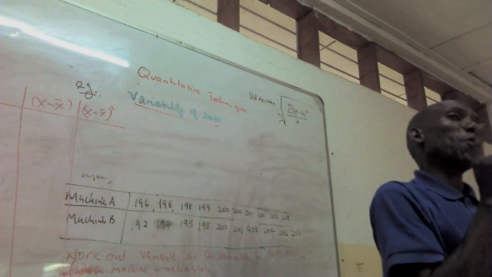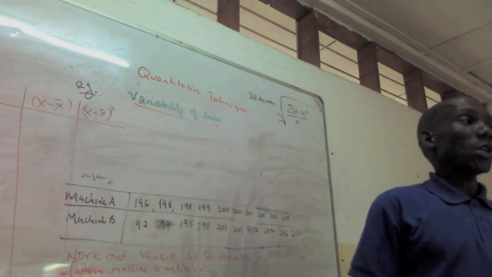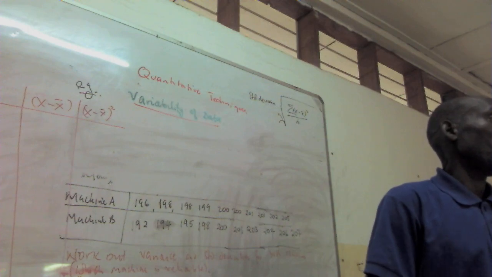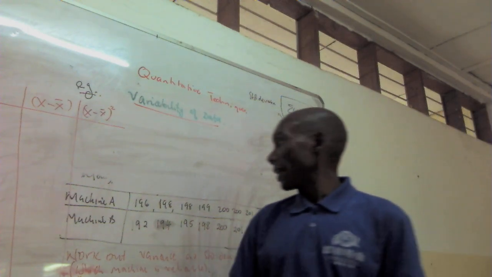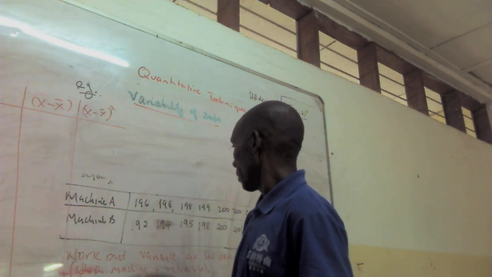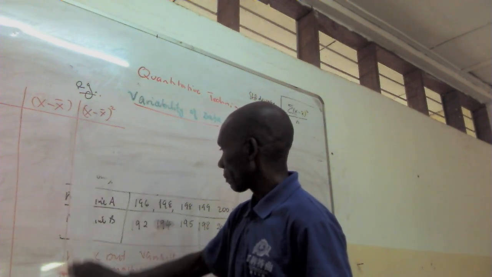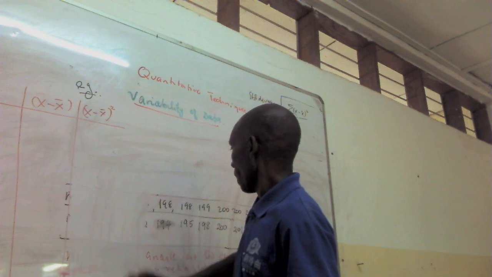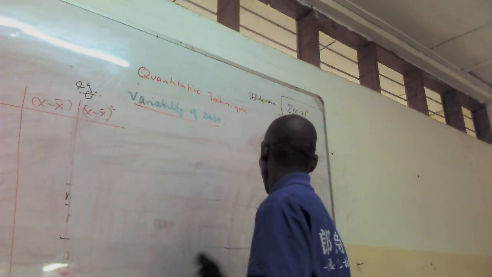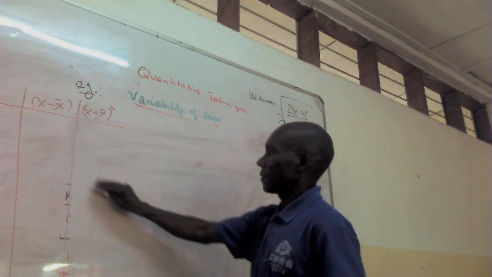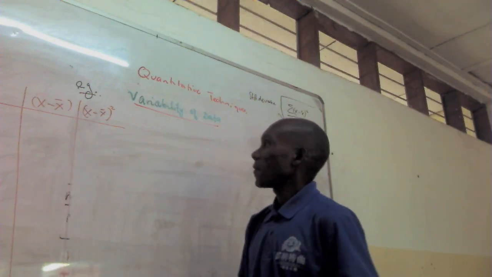I will only do the first one. The second one you can do when you are at home, for machine B. For machine A, first of all, find the mean.